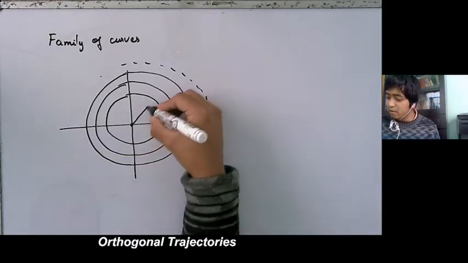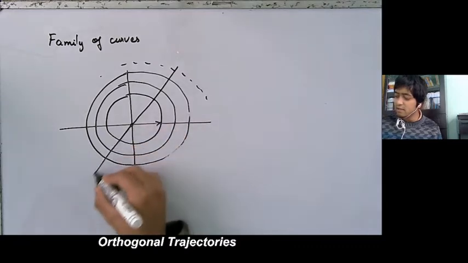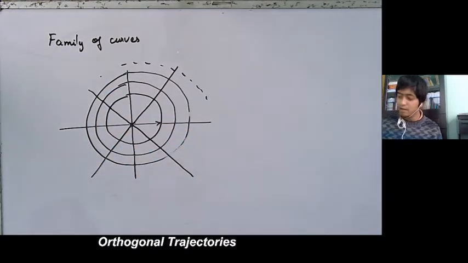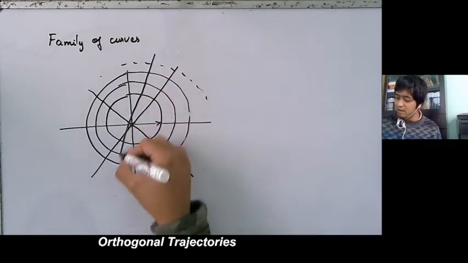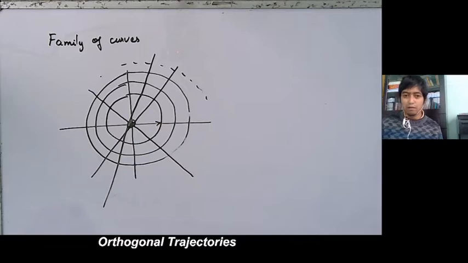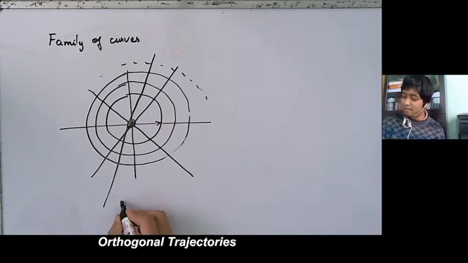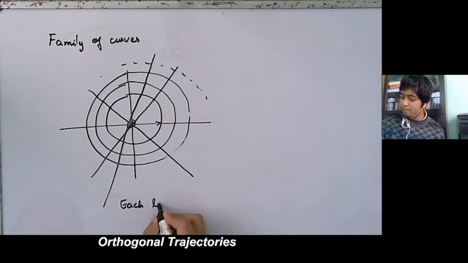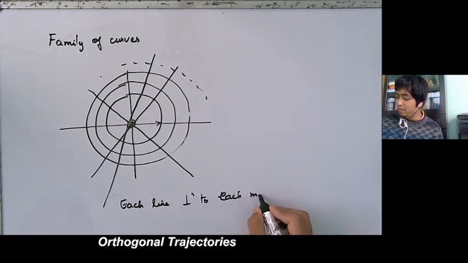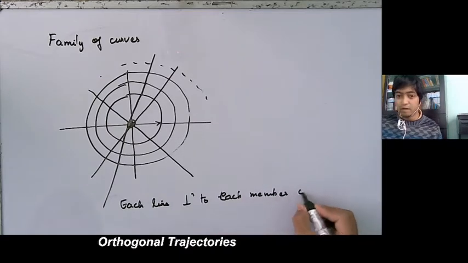So if we draw even other lines in this way, or even you can draw it in this way, so many of them that pass through the center, what you can say is that each line is perpendicular to each member of the family.